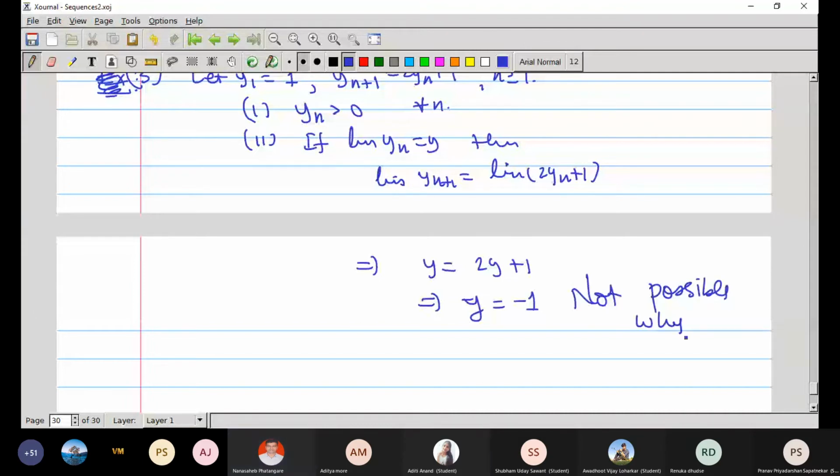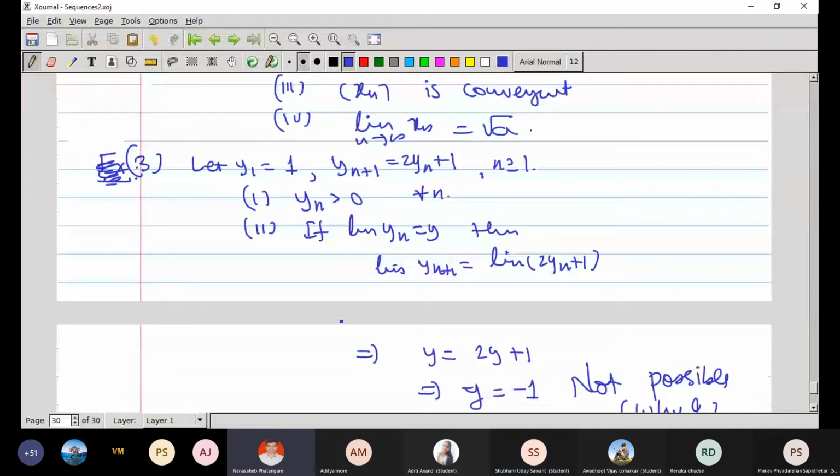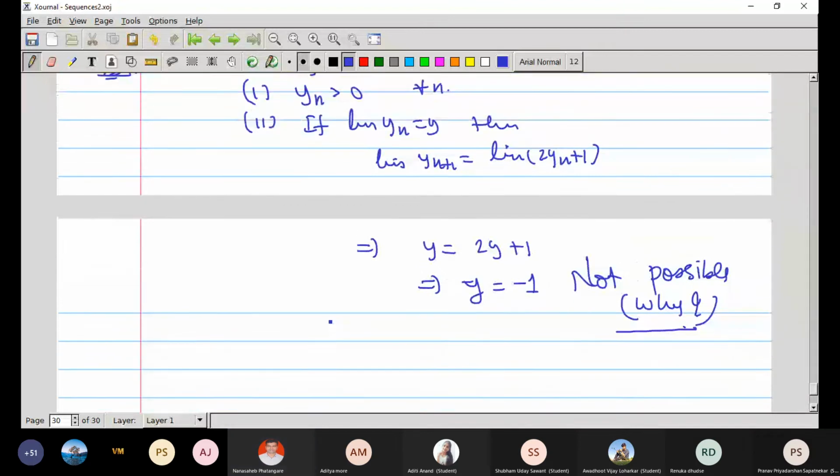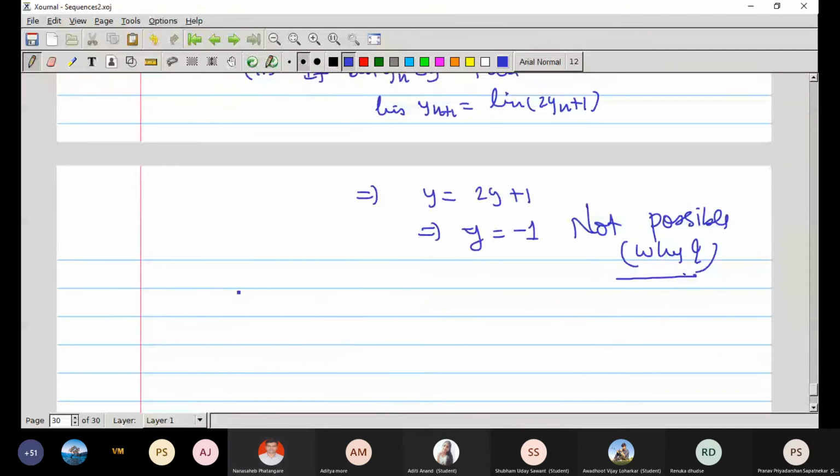Why? Because the terms yn are all positive and it is an increasing sequence. Right. So therefore, what is the conclusion? yn is not convergent.